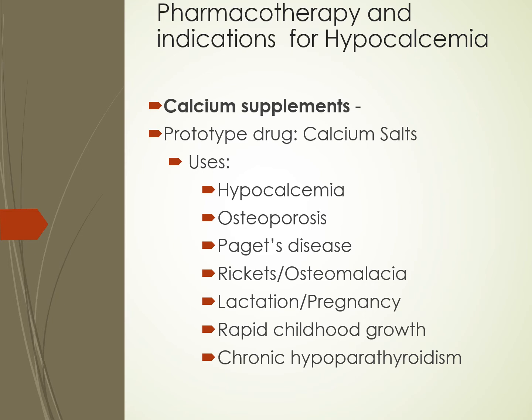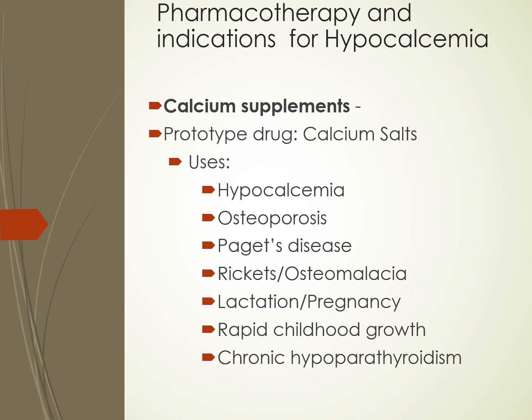Patients with osteoporosis, that we'll talk about in a bit, are often on daily calcium supplements and vitamin D. Paget's disease, we'll talk about that coming up. Rickets is basically vitamin D deficiency in childhood, leading to very poor calcium levels in the bloodstream, causing weakened bones.